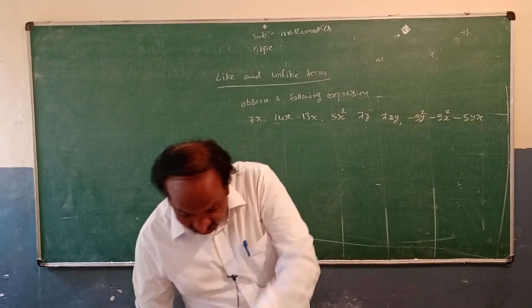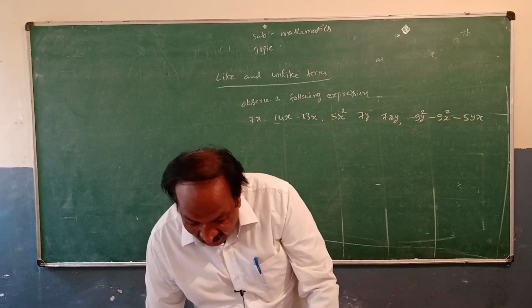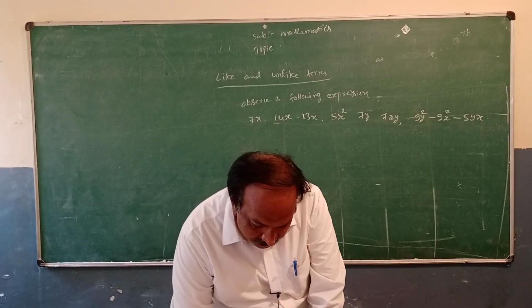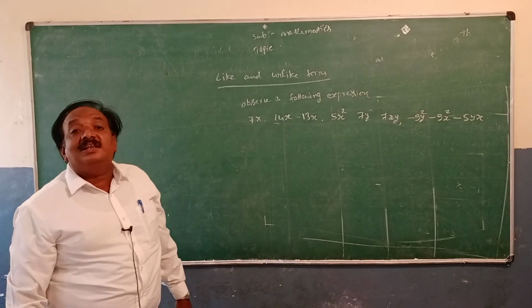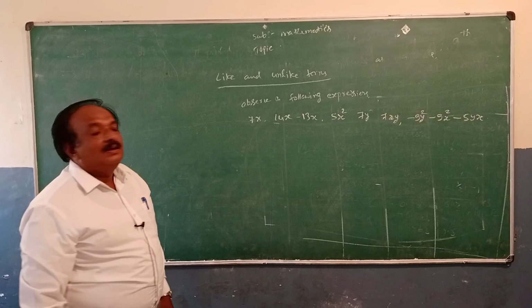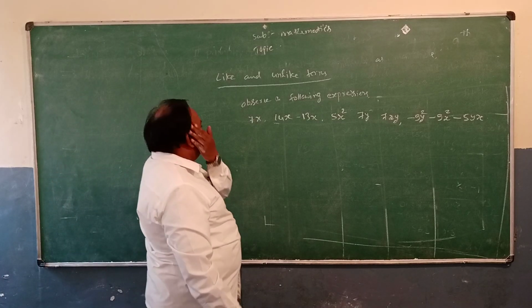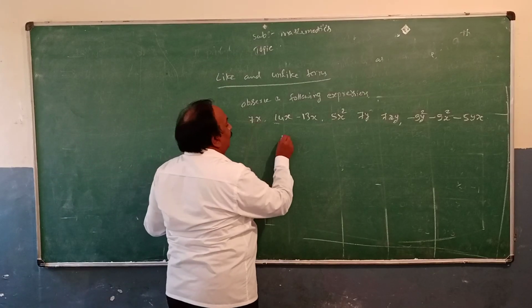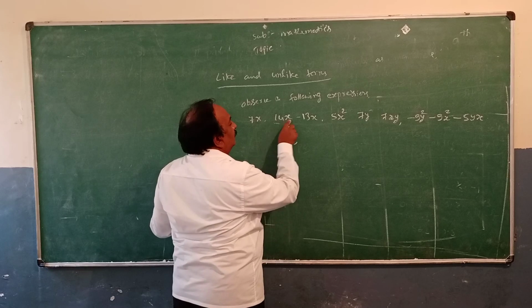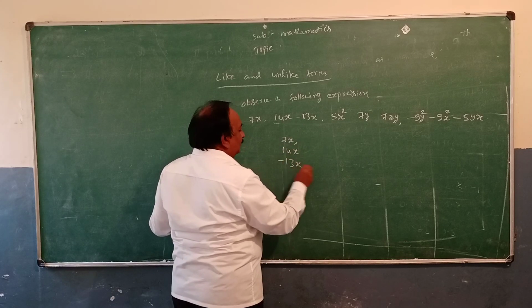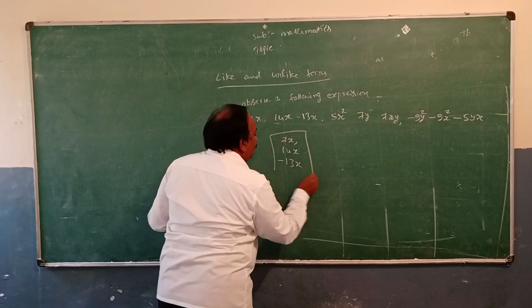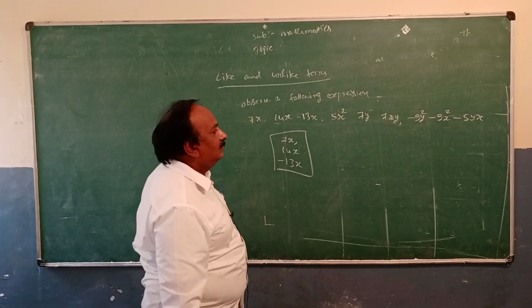What are like terms? Terms having the same variable and the same degree of the variable. See, this is 7x, this is 14x, this is minus 13x. These are all called like terms.